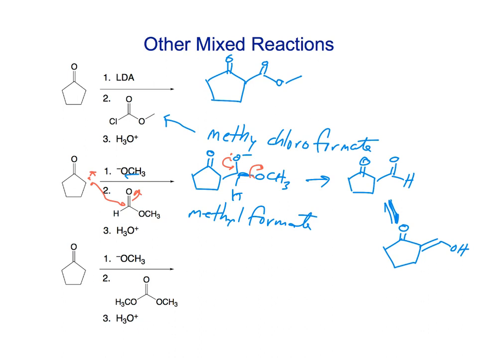All right, so the last one, again, we're deprotonating, and this compound is called dimethyl. It's kind of like a diester, right? But a diester like that is called a carbonate. Dimethyl carbonate. And so what kind of a functional group do you think we're going to have that we added here?